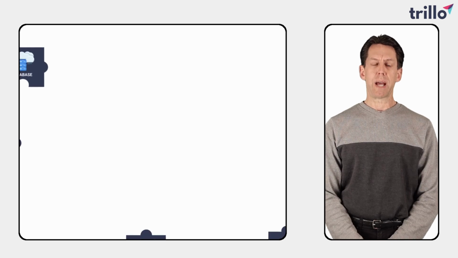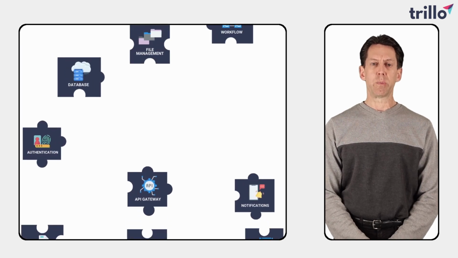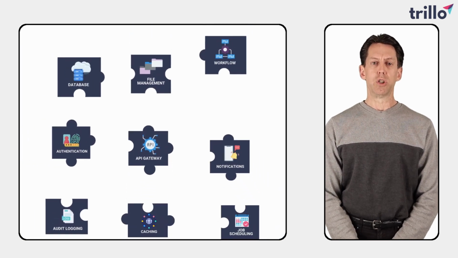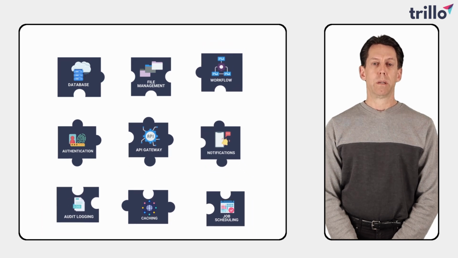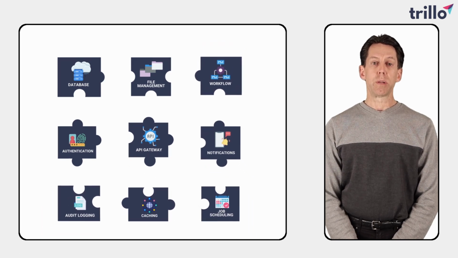Most applications need access to databases, file management, user authentication, job scheduling, and more. Trillo Workbench provides all these common cloud functions and services out of the box. For example, instead of your team setting up a database server and writing the backend code to access it, Workbench does this for you.